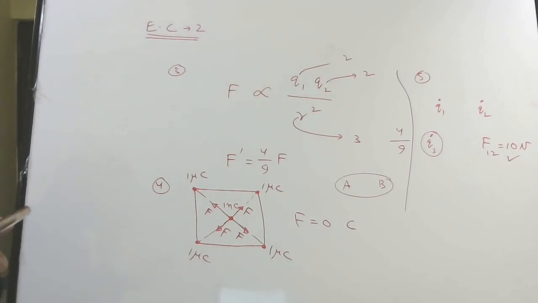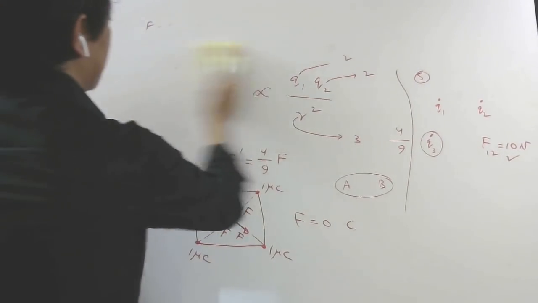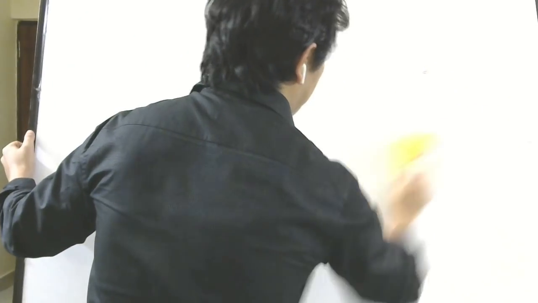Question number 6 is a very good question. So try to keep a note of question number 6. In question number 6, what is happening is there is a charge plus capital Q which is fixed, and another charge minus small q is moving in an elliptical orbit.